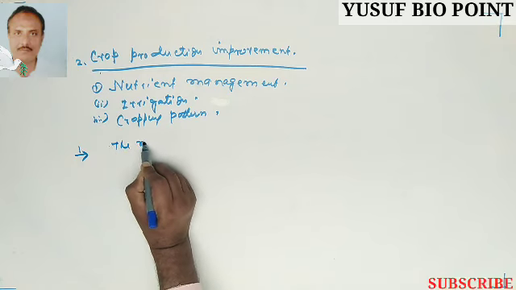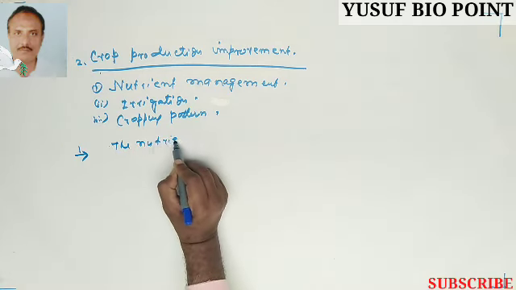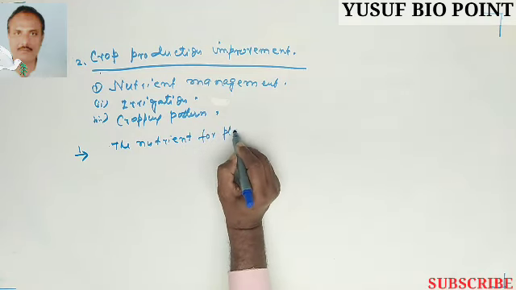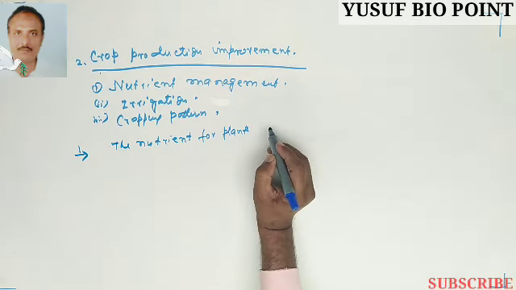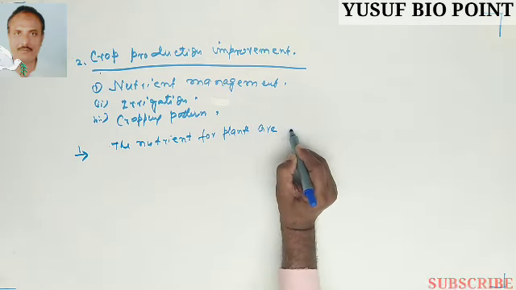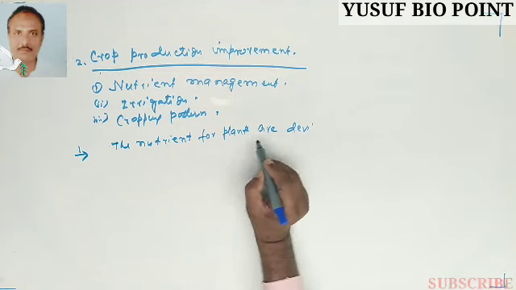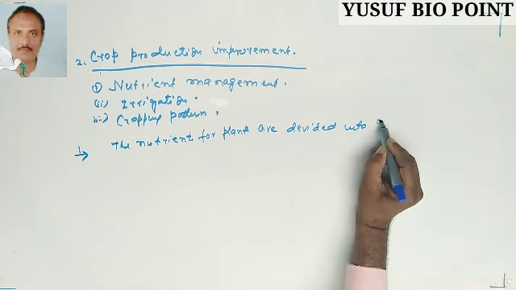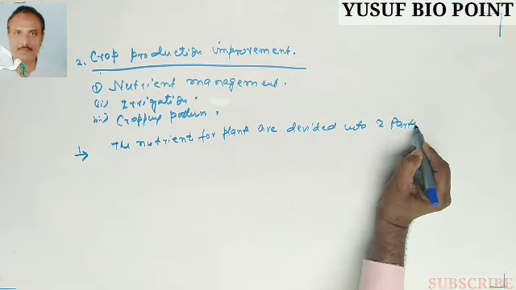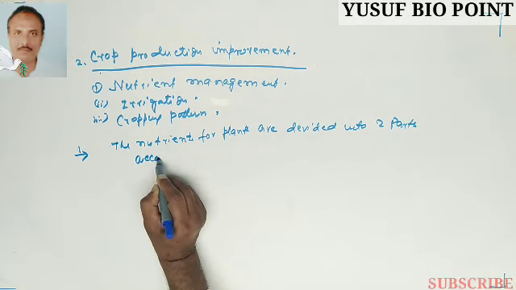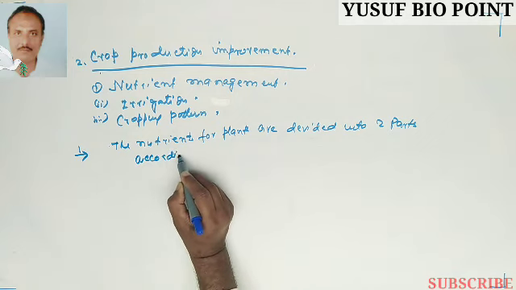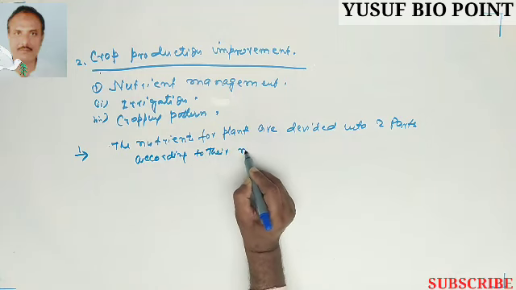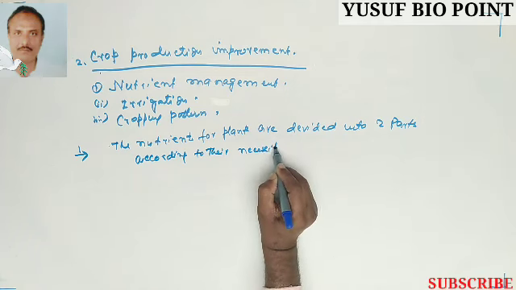The nutrients for plants are divided into two parts according to their necessity.